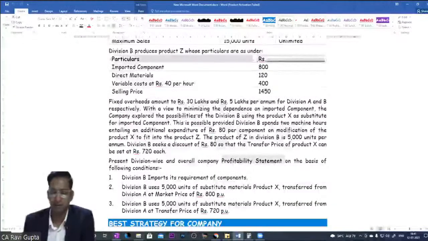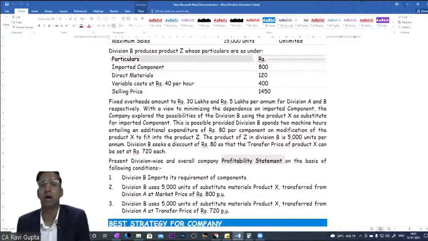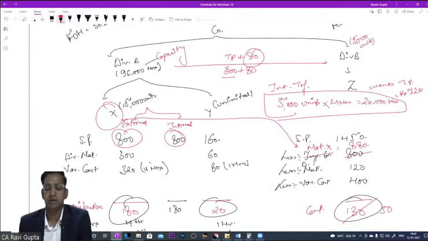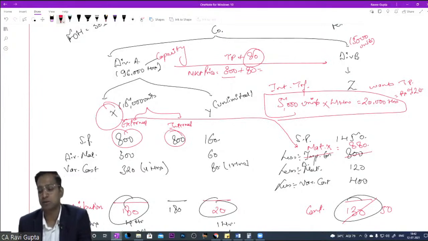See, it has been given: an additional expenditure of 80 rupees per component for modification of product X to fit into product Z. This will be required and it will be done by division B. So now when we have the market price as the transfer price, the total cost to division B will be 880 rupees, not 800, not 720.